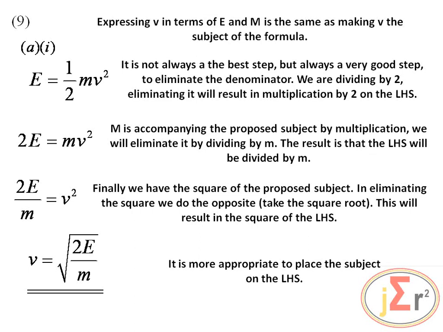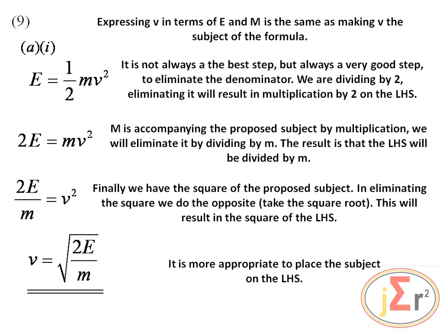In transposing an equation, it is always very important for us to note that in eliminating, in this particular case, m, we need to divide by m. But we do not just divide by m on the other side. We divide the entire equation by m.